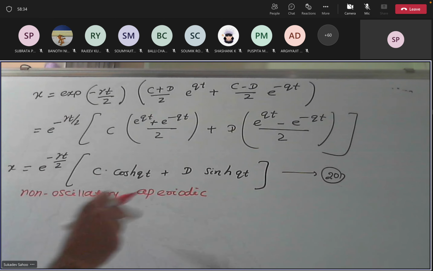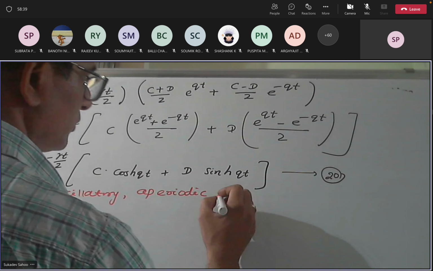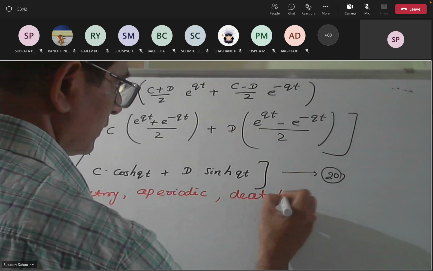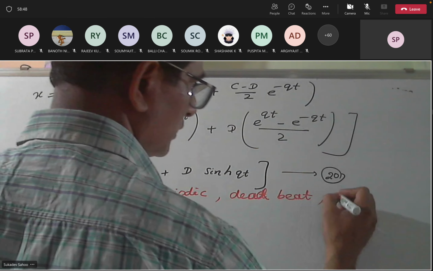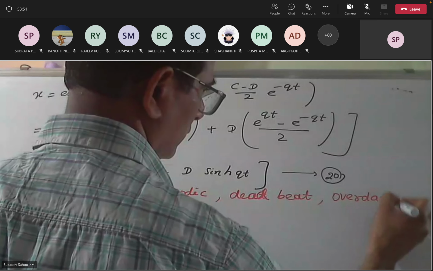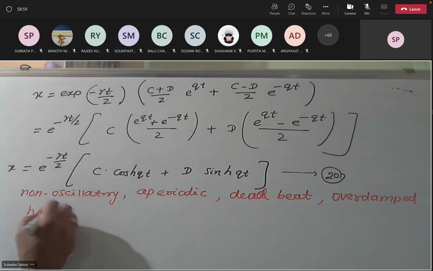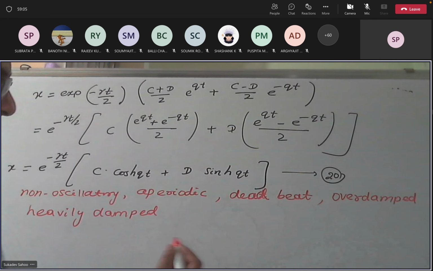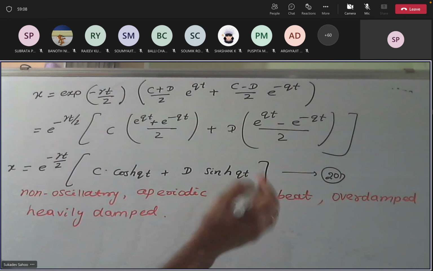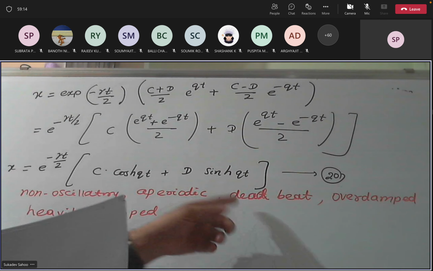It is non-oscillatory, decreases, and not periodic, and it is also known as dead beat, over damped, or in some books it is written as heavily damped. In our book, we have collected different names from different books and we have written all these names. It is a non-oscillatory and aperiodic motion, which is also known as dead beat.